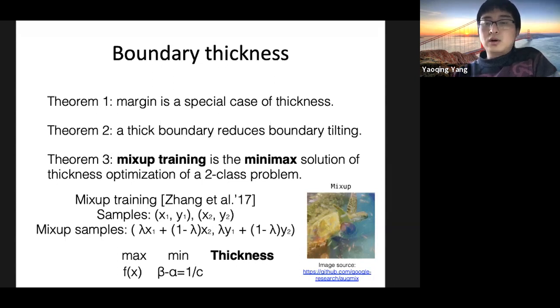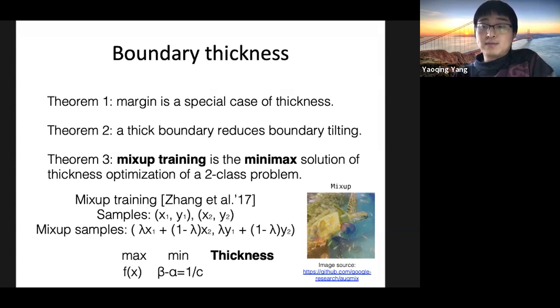So why do we prove the theorems? We basically want to show that in order to achieve a thick decision boundary, one can use mix-up training. Mix-up training is a very low complexity way to achieve a thick boundary. And it can give you a little bit of adversarial robustness and a little bit of improvement in the natural test accuracy.